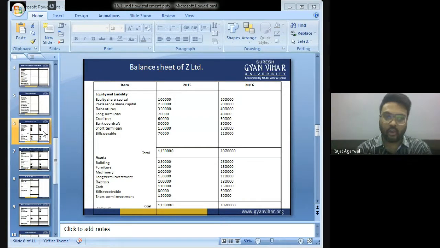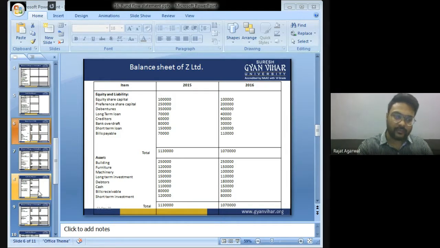Creditors, bank overdraft, short term loan, bills payable, all these are current liabilities. Okay, now the asset side. Building was 2,50,000 in 2015 and 2,50,000 in 2016. Same. It means no increase, no decrease. We will not consider it. Furniture was 1,20,000 in the previous year and 1,50,000 in the current year. It means furniture is increased by 30,000. It means we have purchased furniture, and if you purchase furniture, the fund will go.